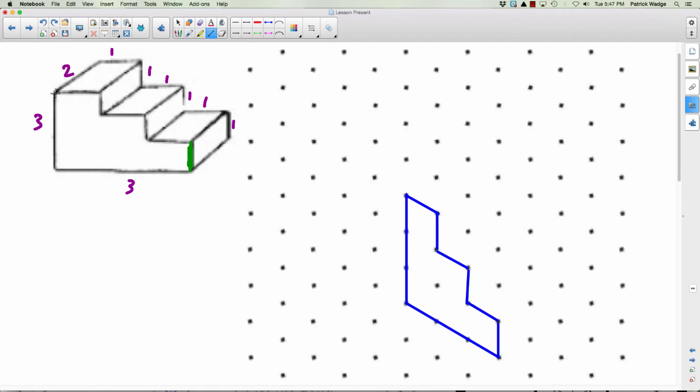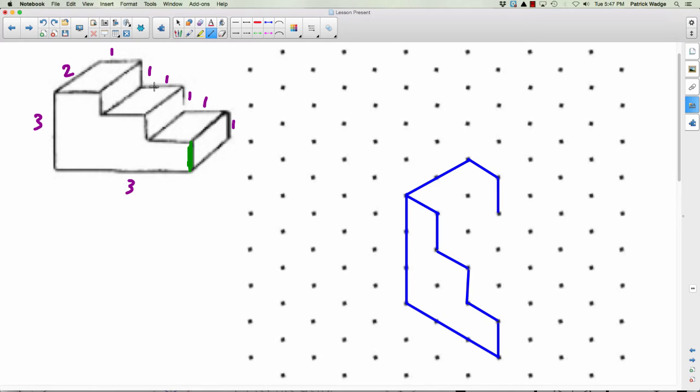So from this corner here, which is that right there, I'm going to go back 2, again at that 30-degree angle. So 1, 2. Then I could come 1 in this direction, which would be here. Then I would go 1 down. Remember, all the vertical lines on my drawing will be perfectly vertical here as well.